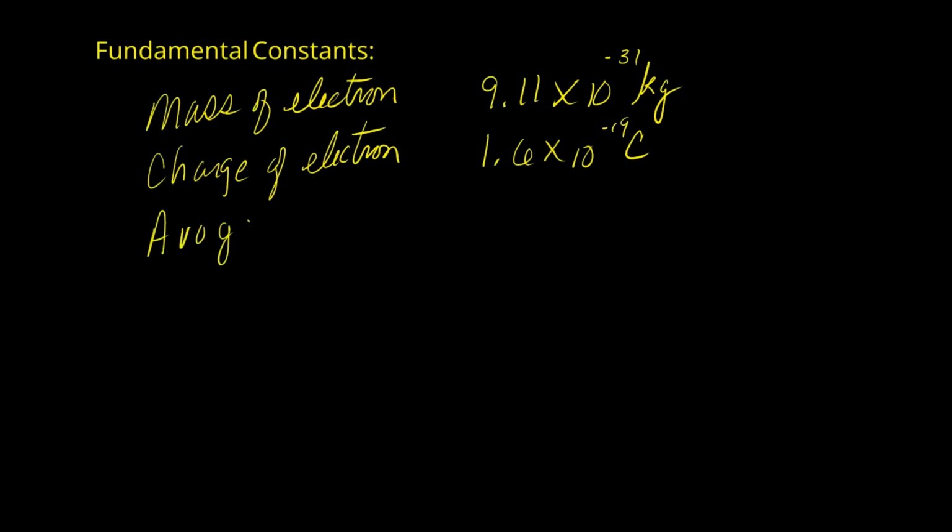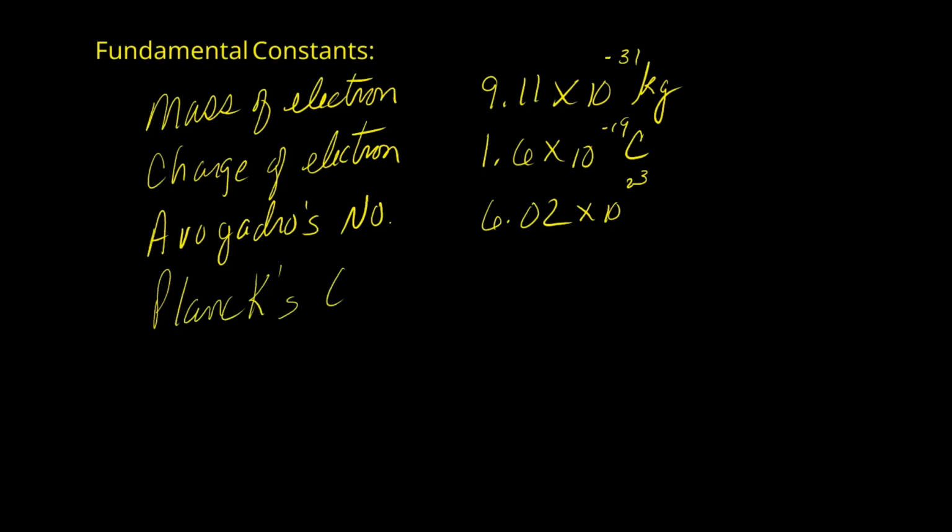Avogadro's number, 6.02 times 10 to the 23rd. Planck's constant, 6.626 times 10 to the negative 34th. This would be joule seconds.